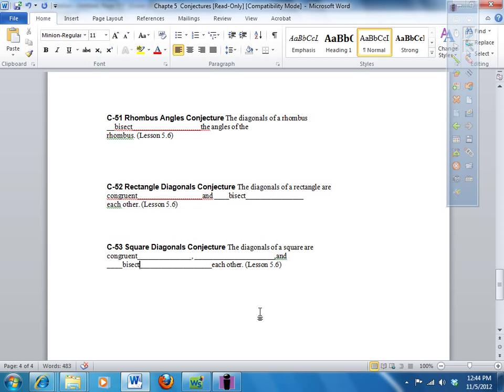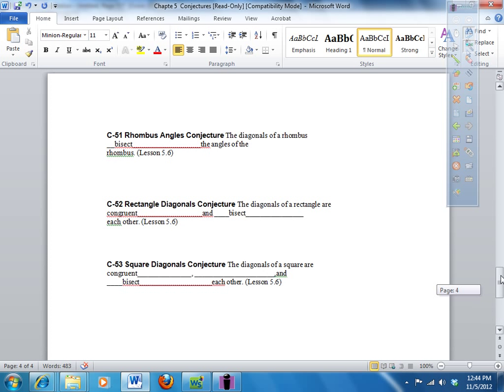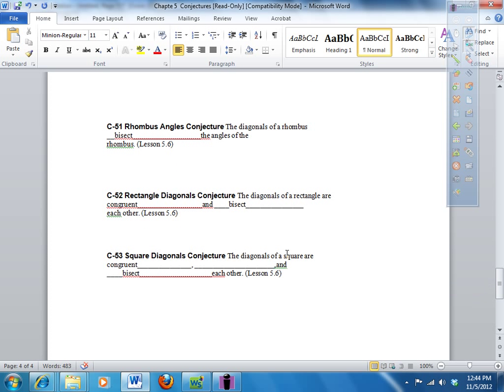Is that the last conjecture? Let's see. There are 3 spots. Oh, there are more spots on your paper? Okay. It says the diagonals of a square are congruent, perpendicular, and bisect each other. Okay? And that's kind of all you need to know.